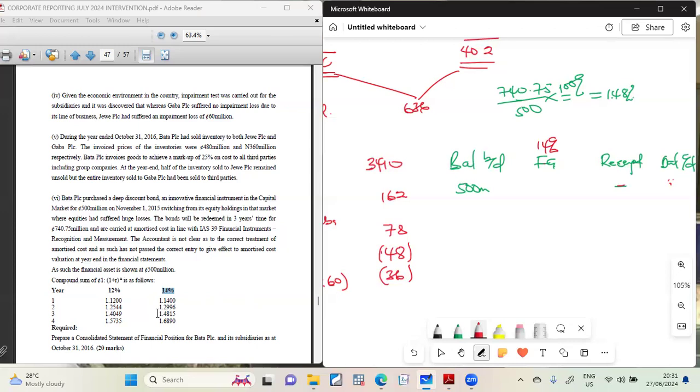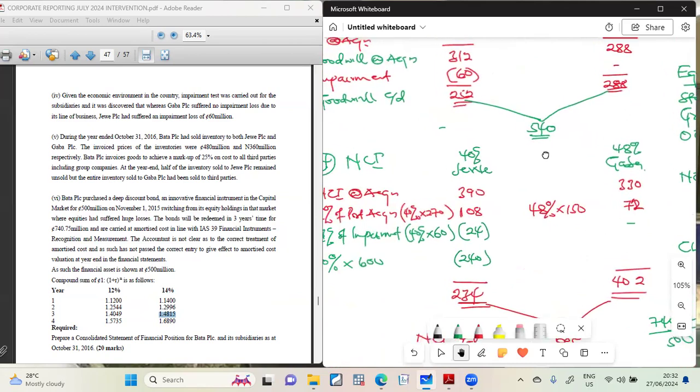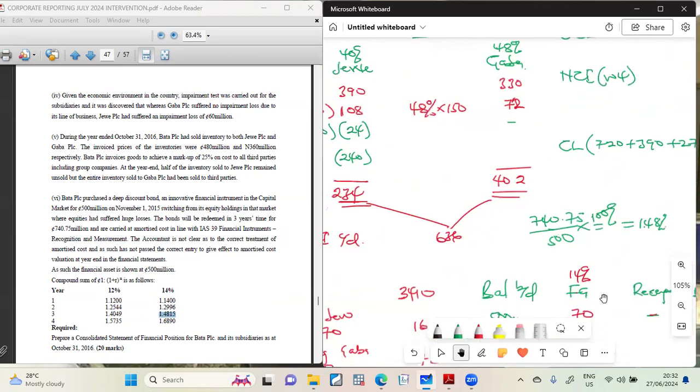Your 1.48 is around here. The financial gain is 70, so here will be 570. Inside the financial asset in our balance sheet, it should be 570, and the gain is the 70.